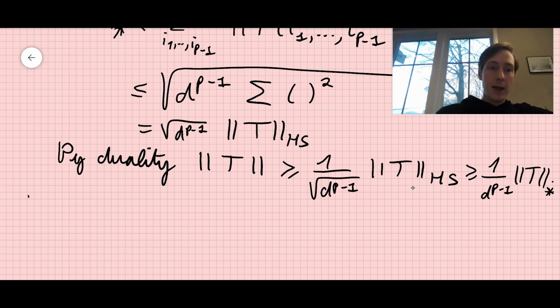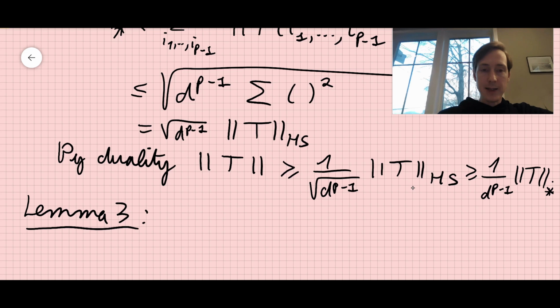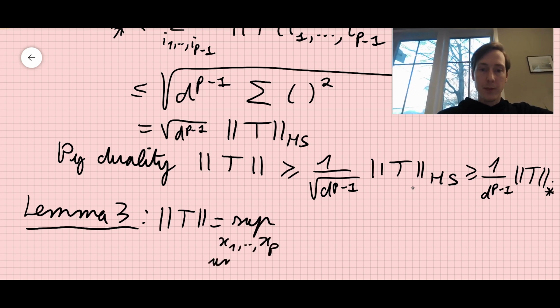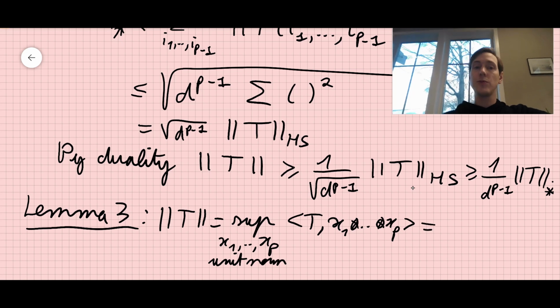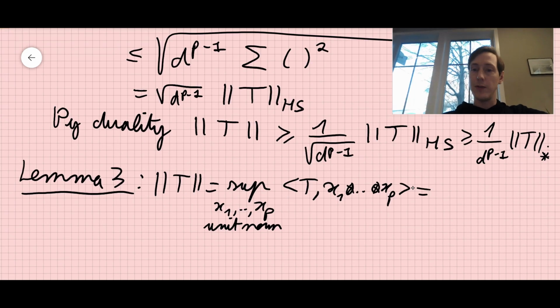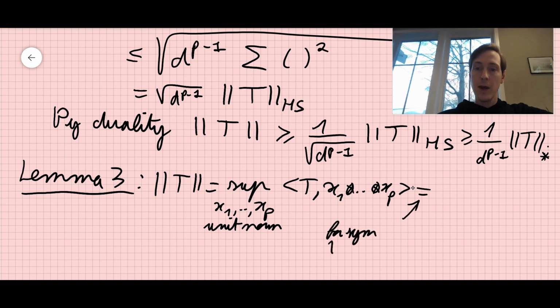Okay, and now a last lemma very quickly that I want to give you is that the operator norm of T, again, is a supremum over, let's say, x1 up to xp of unit norm, of T applied to x1 times xp. And now all I want to tell you is that for a symmetric tensor, in fact, you just need to take the supremum over a single unit vector. What is a symmetric tensor?